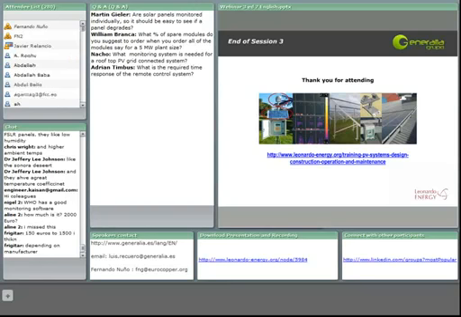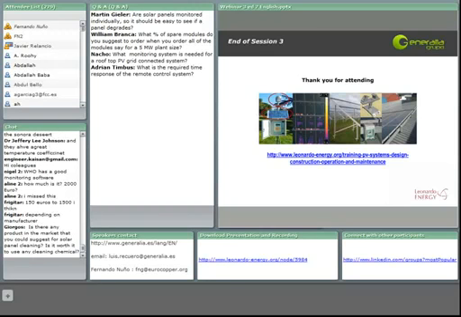Sometimes we can integrate the monitoring system with the remote control system in order to automatically modify the behavior of an element in the solar plant.